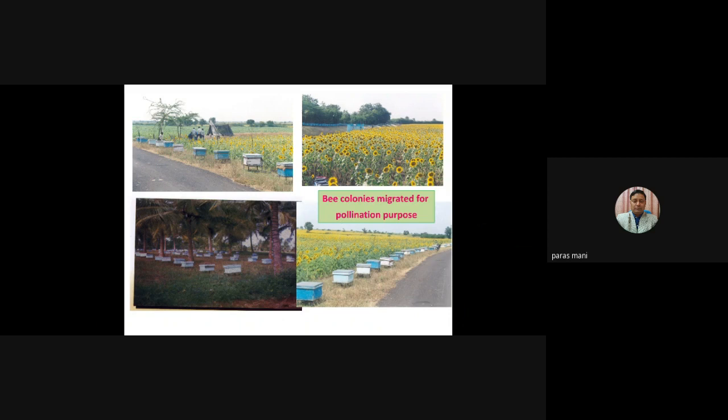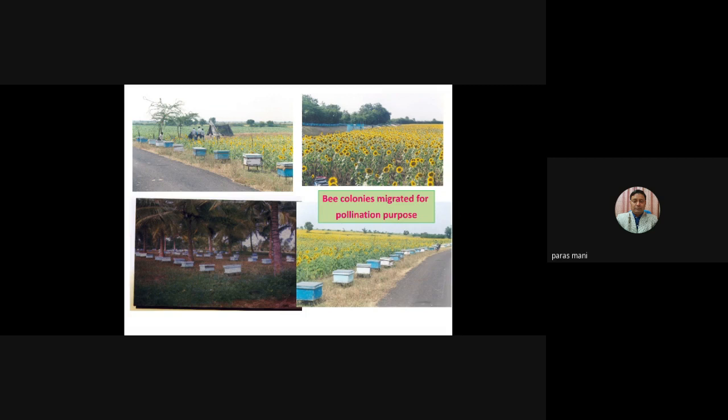The farmer, the landowner, pays the beekeeper to keep his colony in the location, because due to the presence of bees, the yield of the crop is increased. Only during the flowering season of those crops are the bees kept in that location, and that is one source of income for the beekeeper.